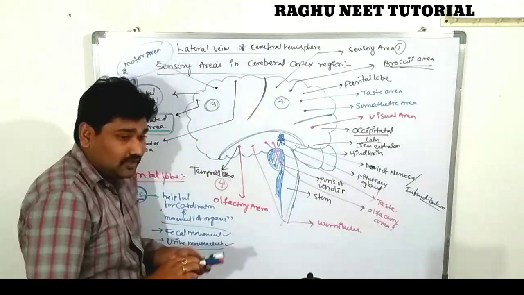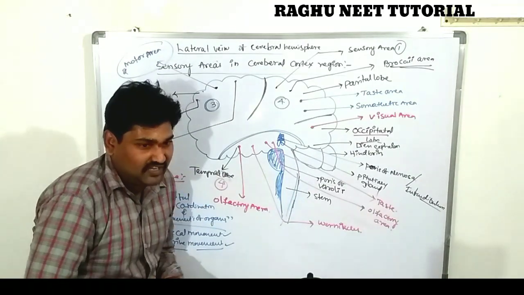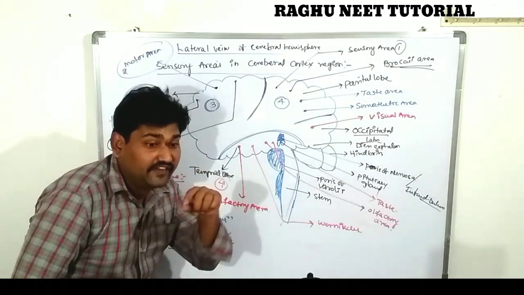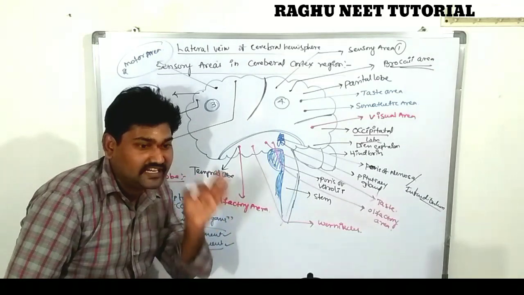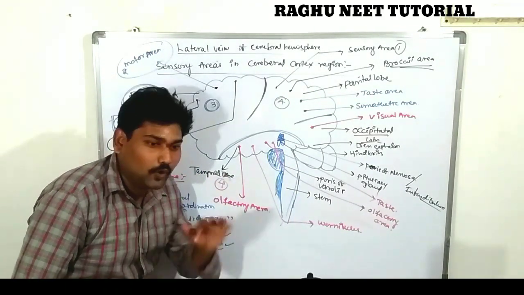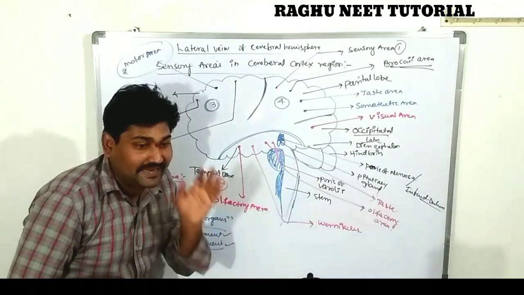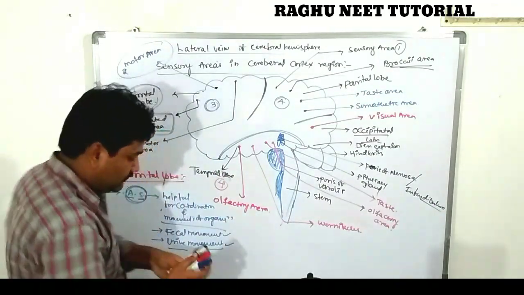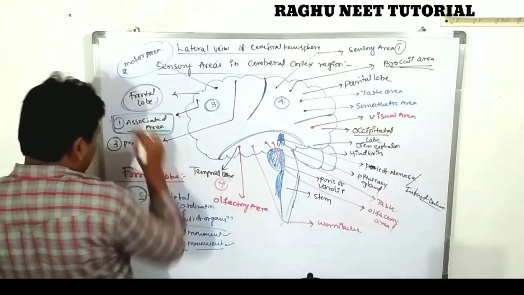What is the motor area? It is one of the areas in the frontal lobe. It is also essential for the movement of the organism, or locomotion. It is majorly the stimulation of skeletal muscle.